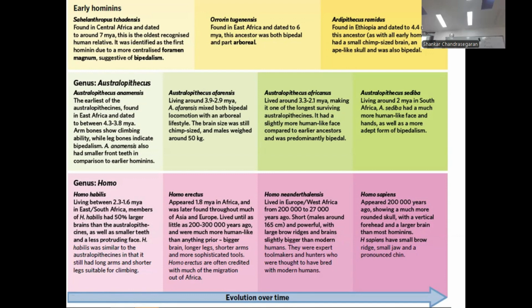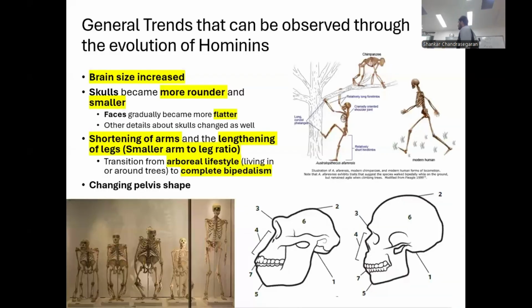And they are basically credited towards migrating out of Africa. So we will look at the migration patterns in another day as well. But essentially, try to remember the Australopithecus genus and also the Homo genus.